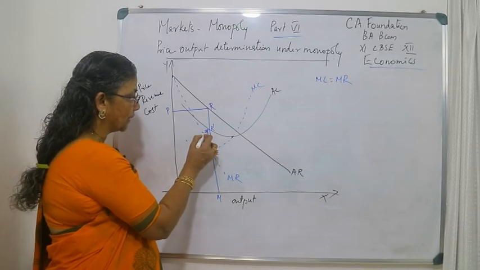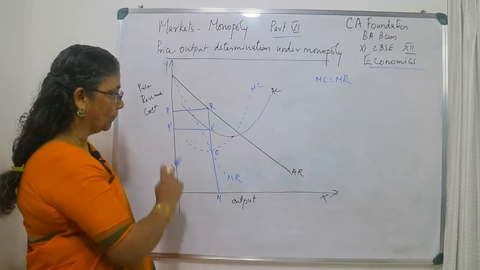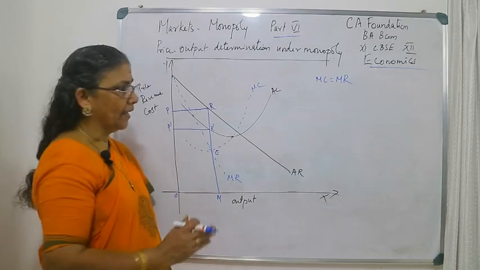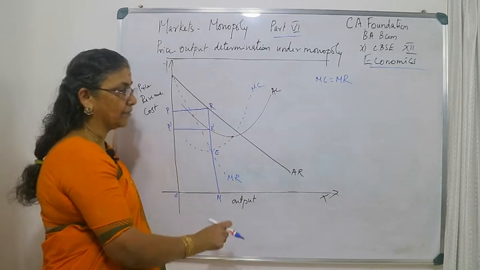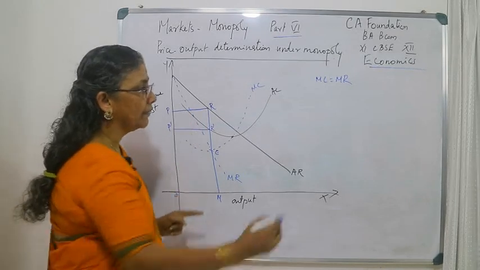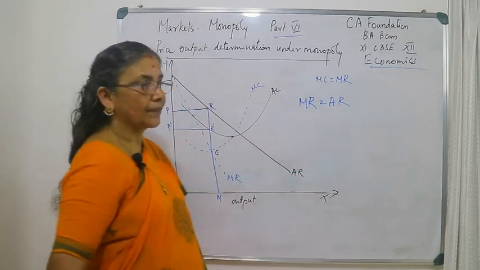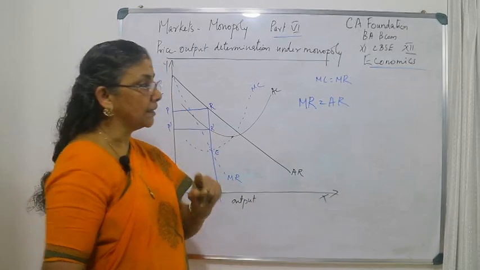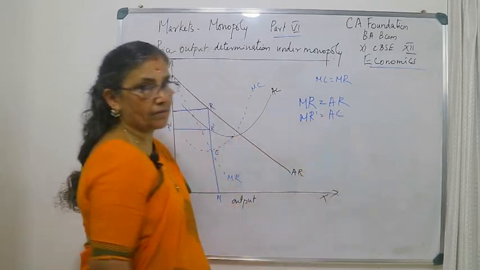Connecting this to the y-axis, we get OP1, which is the average cost.